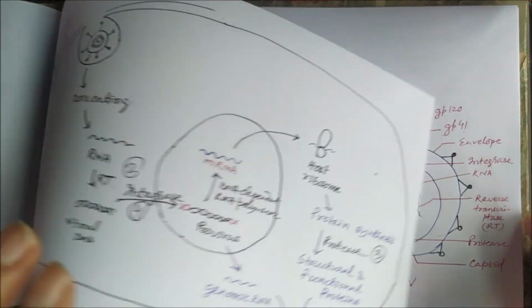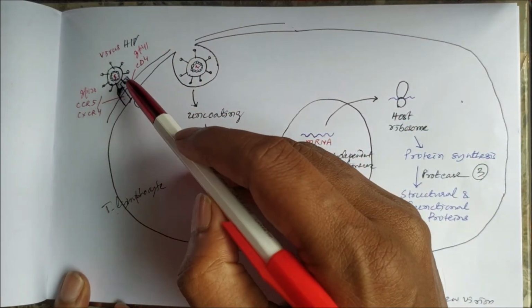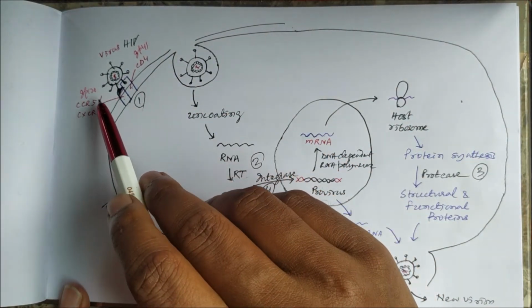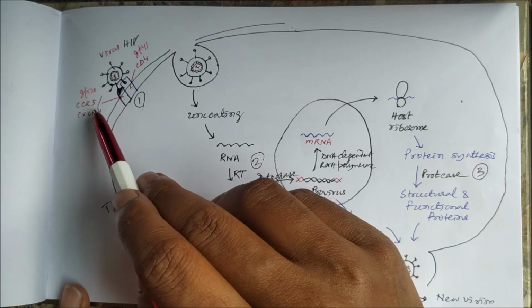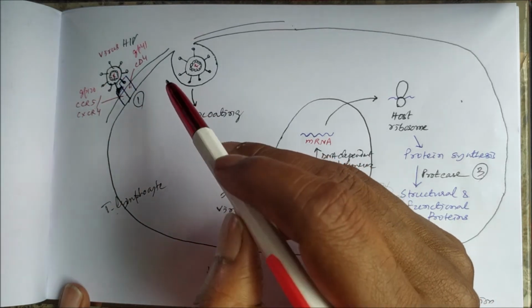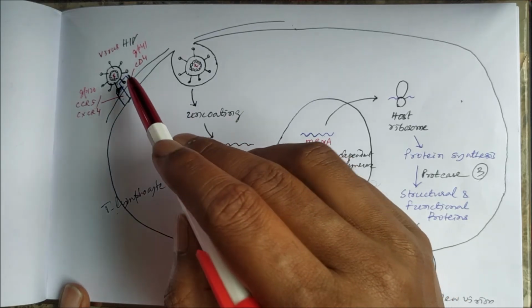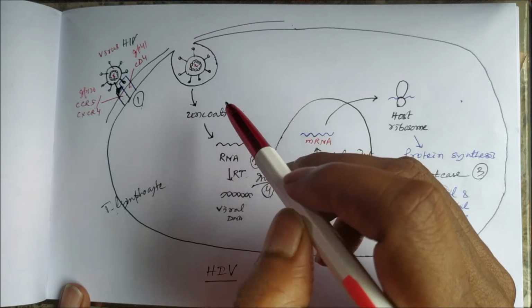So GP41 interaction occurs with CD4, and GP120 interaction occurs with CCR5, and because of that interaction the virus gets fused or enters into the T lymphocytes.